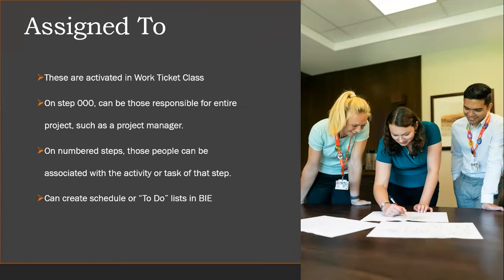On the numbered steps, we can assign other employees different tasks, whether it's maybe do an installation or some other activities. So this will allow us then to easily make a schedule or a to-do list in Business Insights Explorer that will help everyone understand what they need to do and what the status of everything that they're working on is.